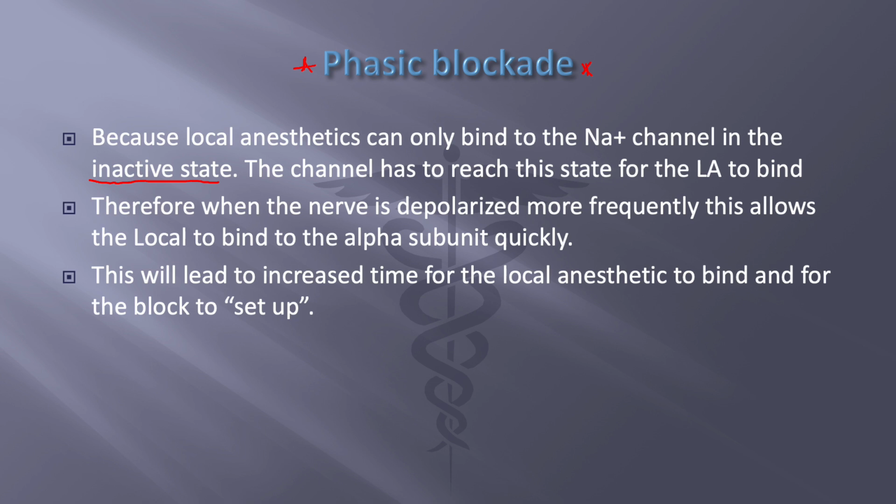Well, if I make you move your arm, or you're using that extremity more frequently, you're activating those neurons that are inside that nerve cell. You're activating that nerve. So the more you activate it, the more it's going to cycle through all those three phases. And that local anesthetic is going to have more opportunities to bind to its active site and create an efficient or a deep blockade.